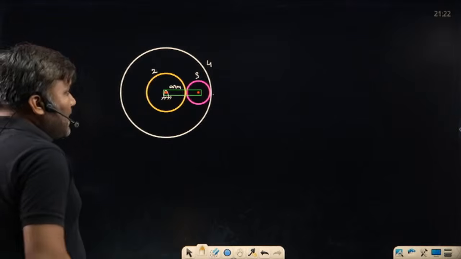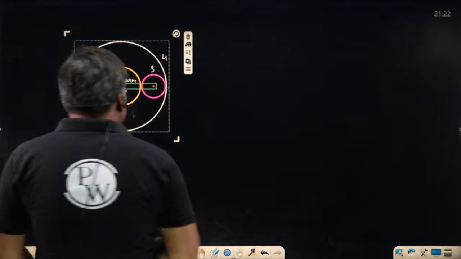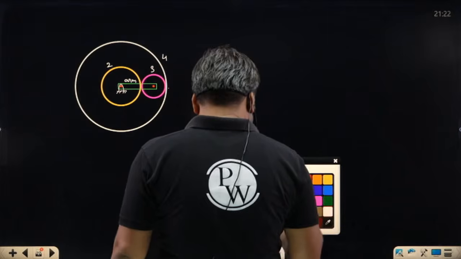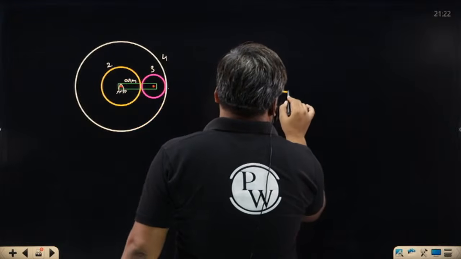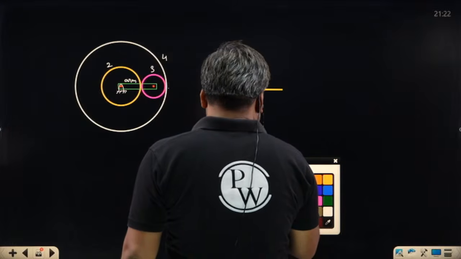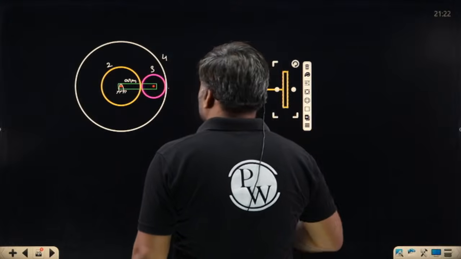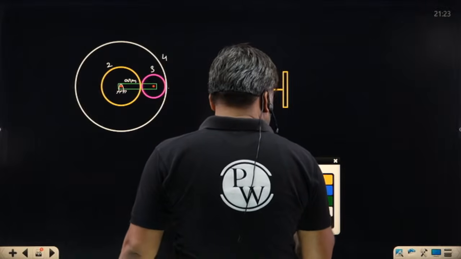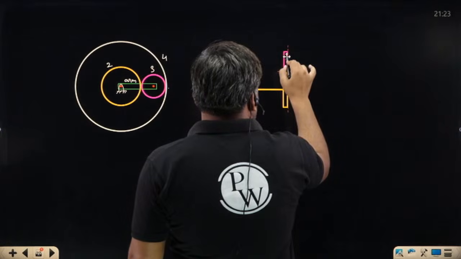Careful. Acha, let me show you from this side how it will look. Fixed link के साथ में we are having some shaft on which gear 2 is there. Careful. This is the shaft on which we are having a gear number 2. This is your gear number 2. 2 is engaging with 3. This is your gear 3.